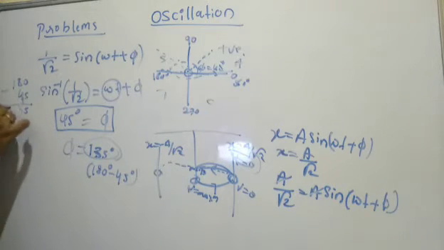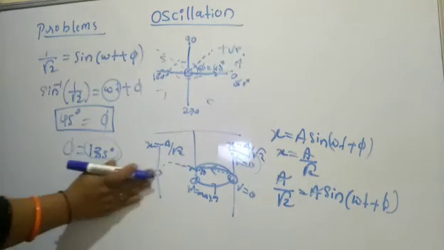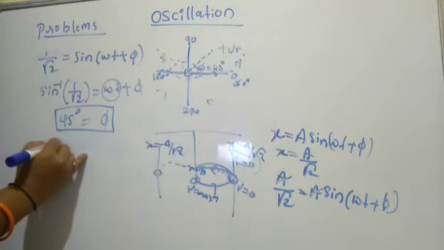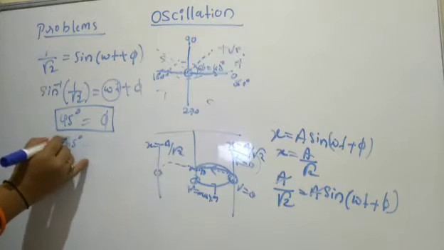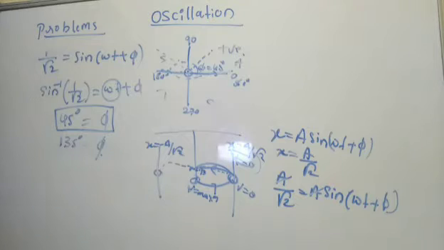Again 135 degree. So we are getting 135 degree. That means 180 minus theta is also possible. That means 135 is also possible if you go ahead with the 135 degree also, right? So this is possible.